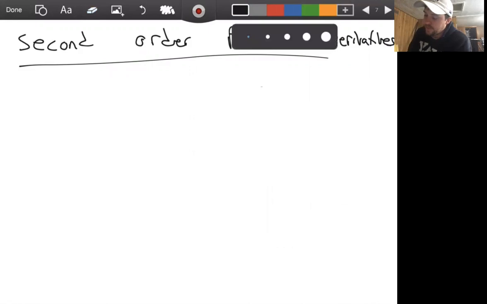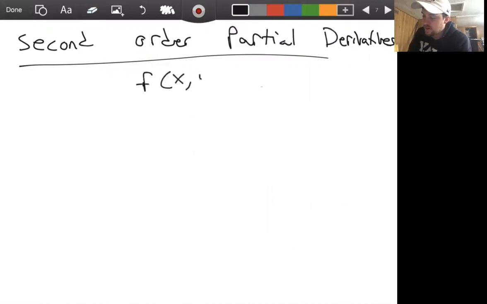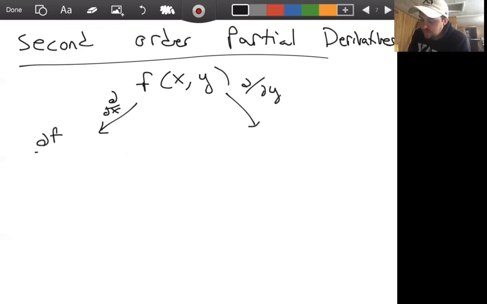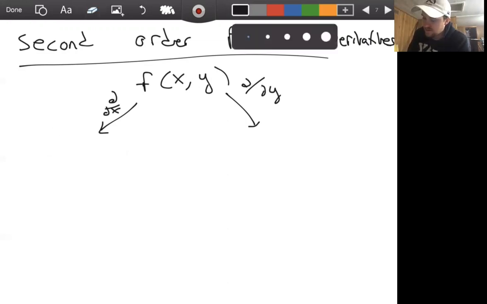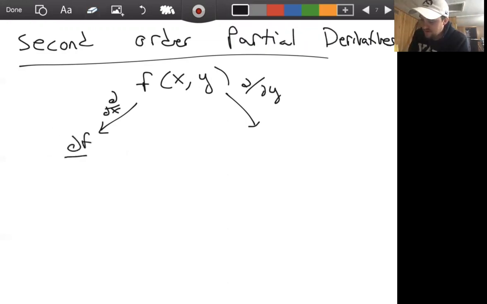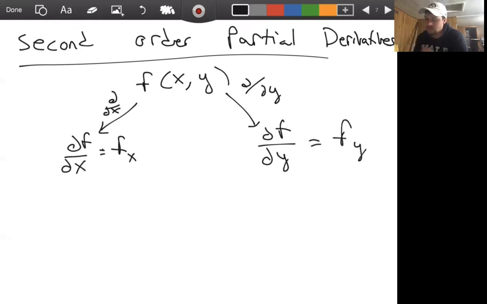Well, let's start with our function f of x, y. We can take the partial derivative with respect to x, or the partial derivative with respect to y. The resulting functions are df dx and df dy, which we know we can write as f sub x and f sub y.